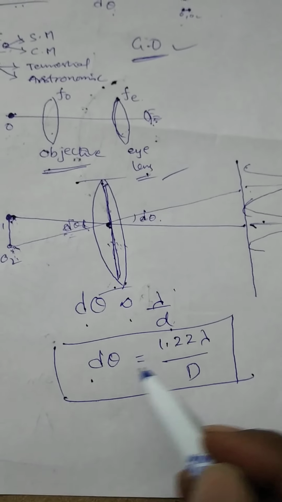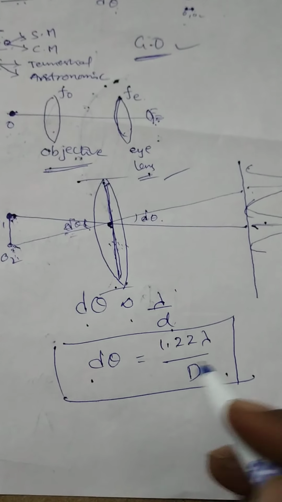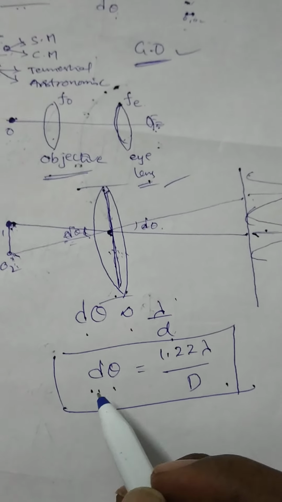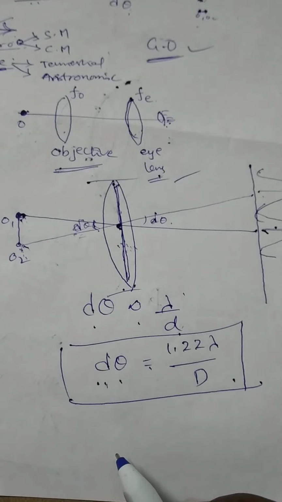So d theta is equal to 1.22 lambda by capital D. This d theta is also called the limit of resolution of the telescope.